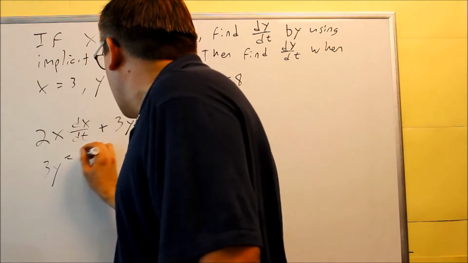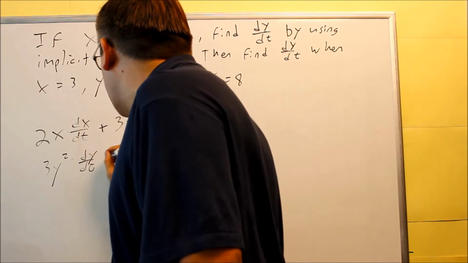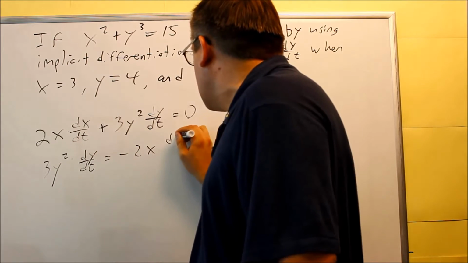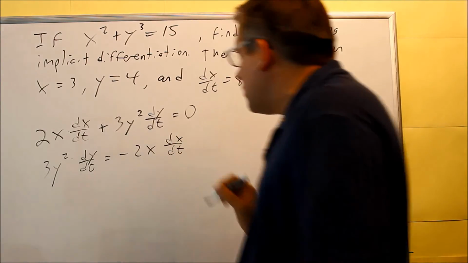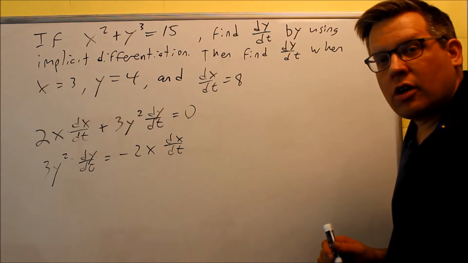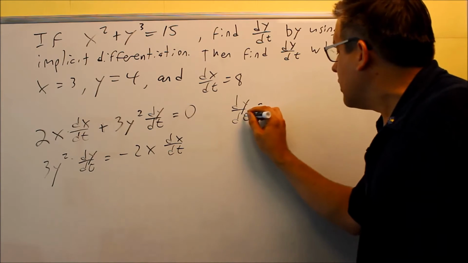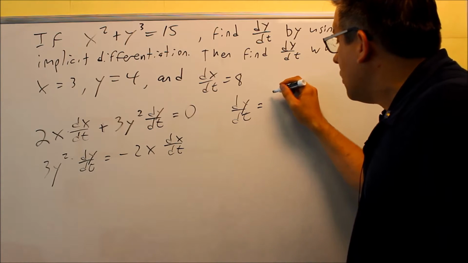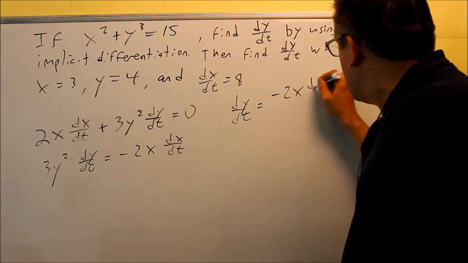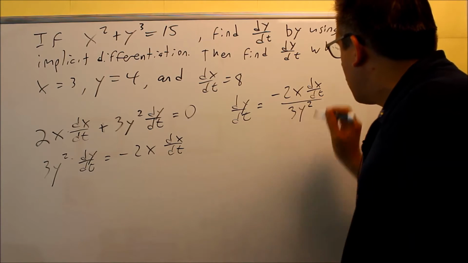So 3y squared dy dt is going to equal negative 2x dx dt. Now we just need to divide both sides by 3y squared to solve for our dy dt. So dy dt, when we divide, you're going to get negative 2x dx dt, all that divided by 3y squared.